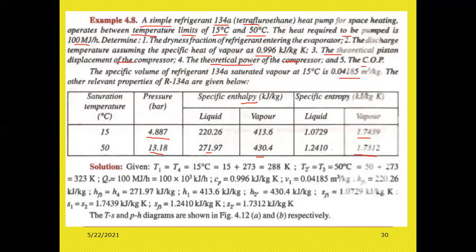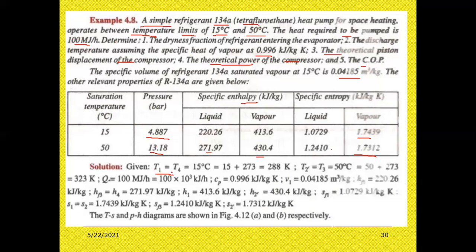Now write the given data very clearly. The limits are 15 and 50 degrees. According to the PV diagram, T1, T4, T2, T3.